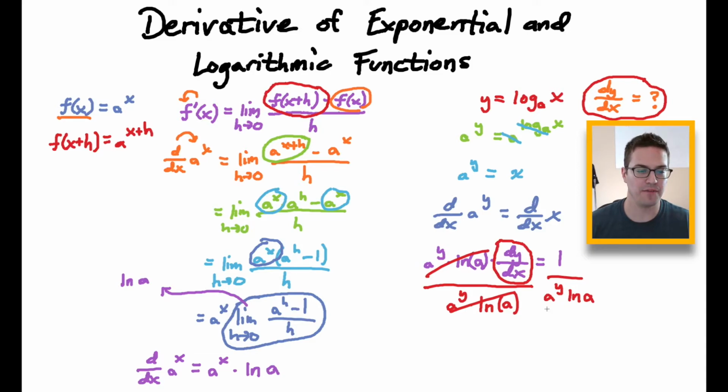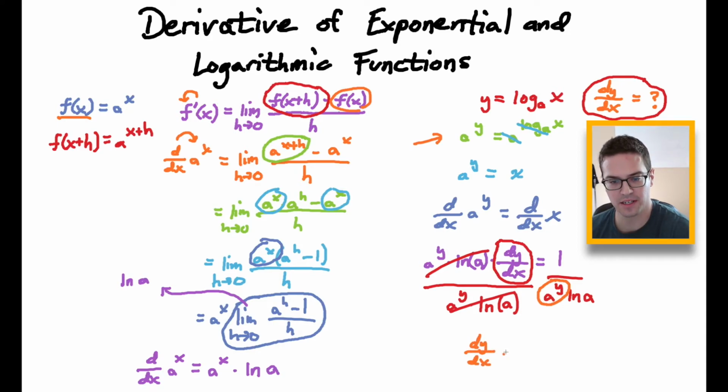Now what's great about this a to the y right here is that it actually simplifies to x, because if you see this line right here, a to the y is equal to x. So I'm going to write dy over dx is equal to 1 over, and this circled part is just equal to x, so 1 over x ln a.